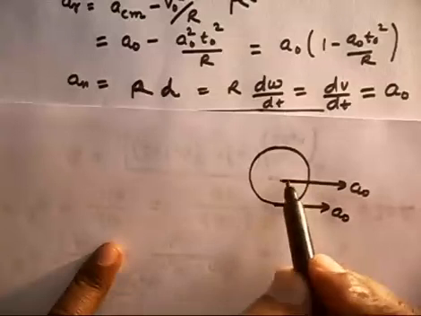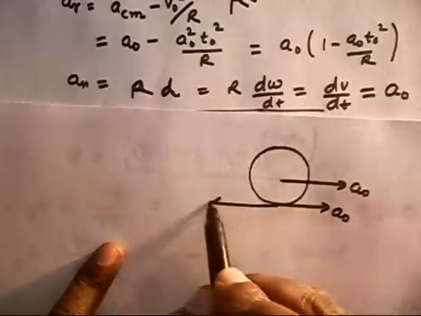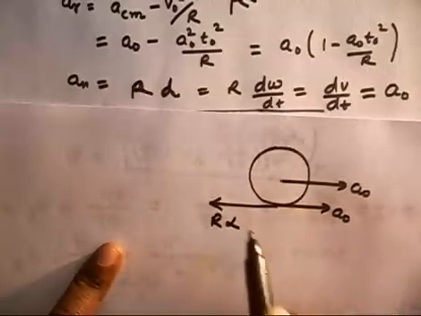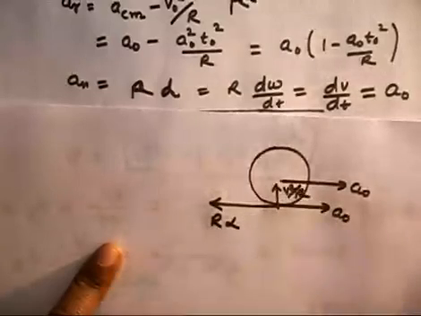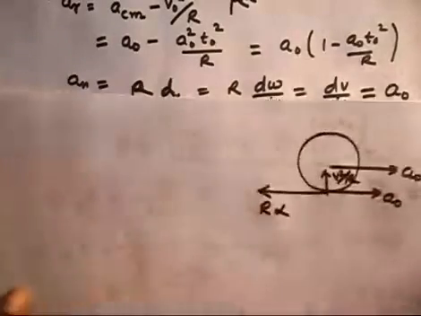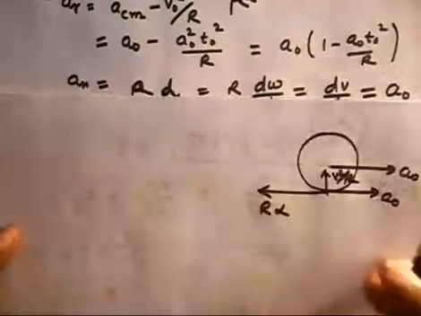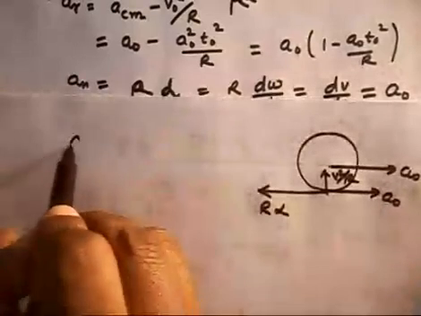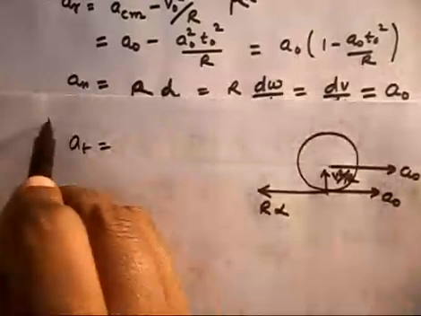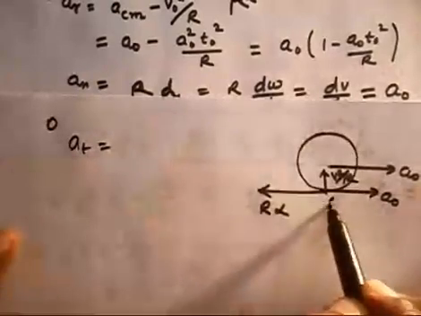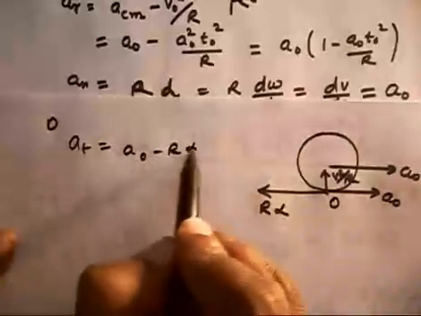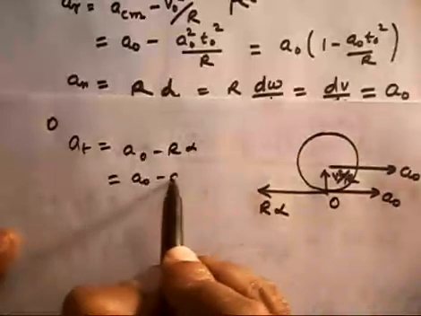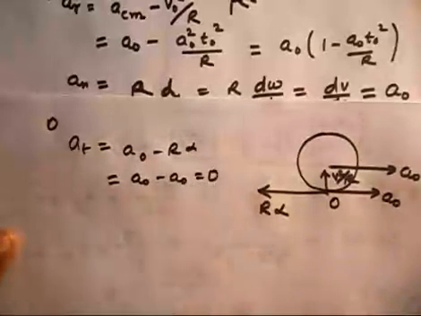So r alpha is in this direction, and v square by r in this direction. Now a naught is the same as r alpha, so this component cancels out. I can say the tangential component for point C is a naught minus r alpha, and r alpha is the same as a naught, so this is equal to 0.